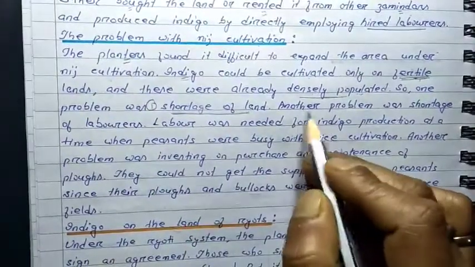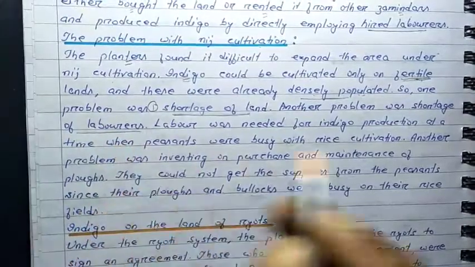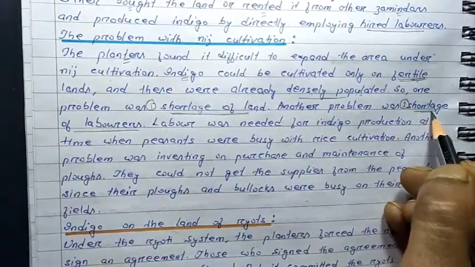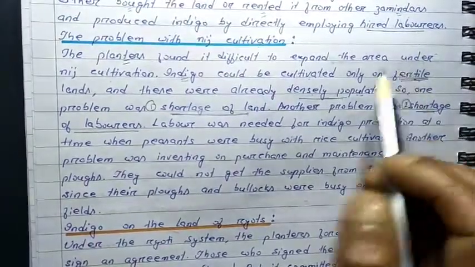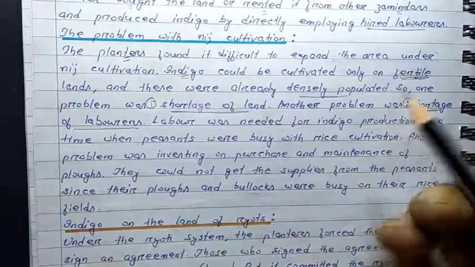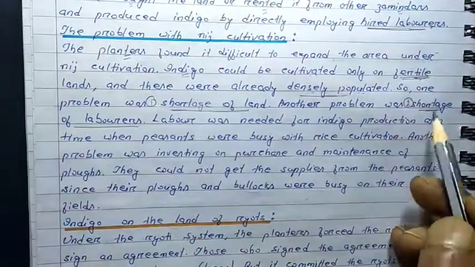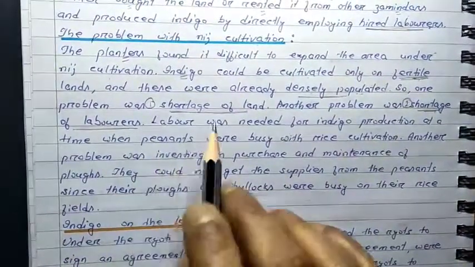Another problem was shortage of laborers. We can say the second problem faced by the planters was shortage of labor. I already told you that under the nij cultivation, the planters would cultivate indigo on their own land by employing hired laborers. But here they faced the problem of shortage of laborers. Why was it like that?